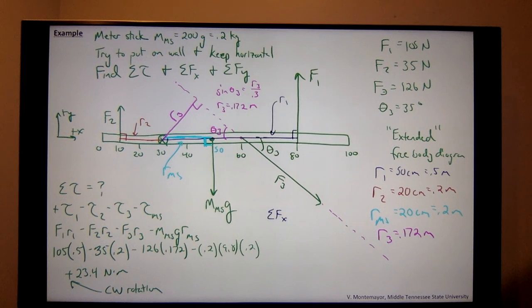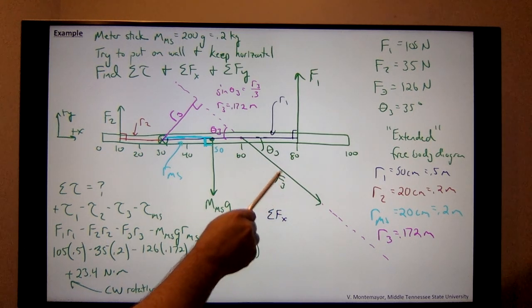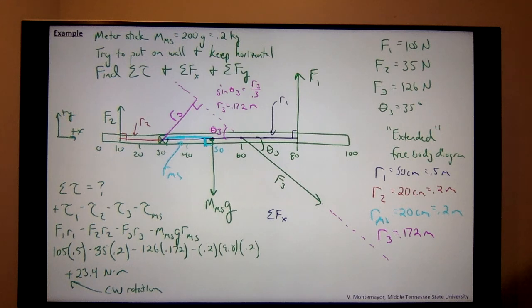The only thing in the x direction is a component of force 3. So F3 cosine theta 3 is the only force that we have there. Which gives you something like 103 newtons in the positive direction.